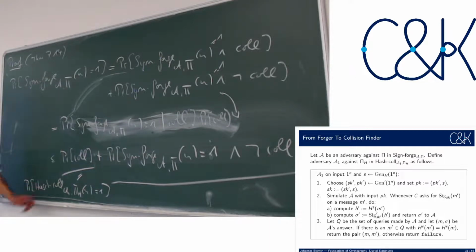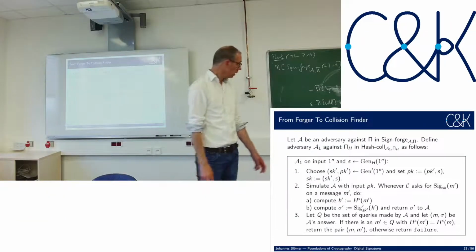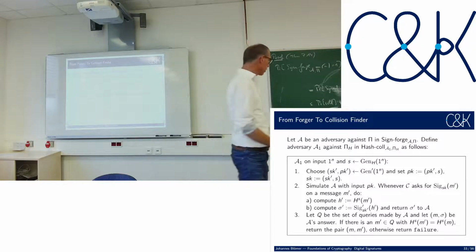But we know that since this is a PPT, if A is a PPT, this must be negligible. So we just run it to get the collision.